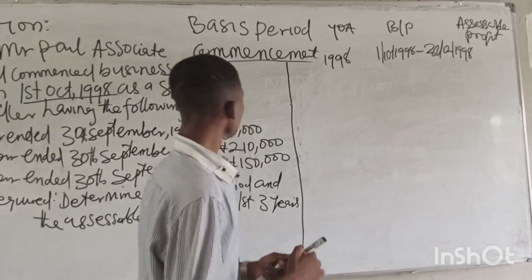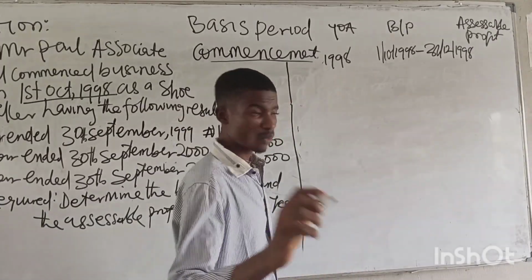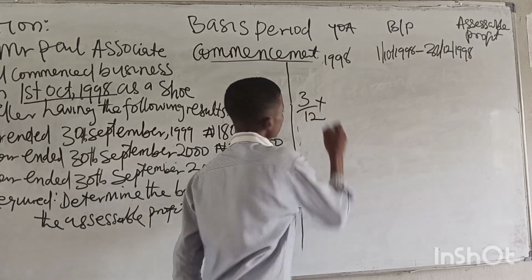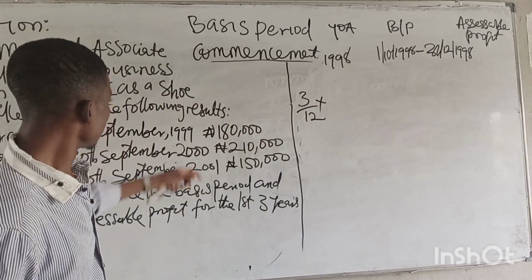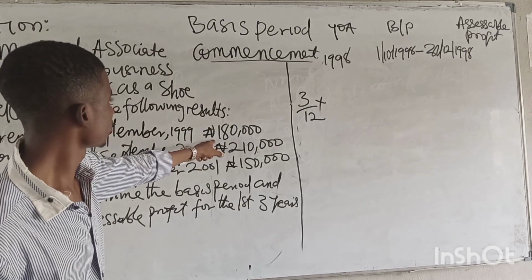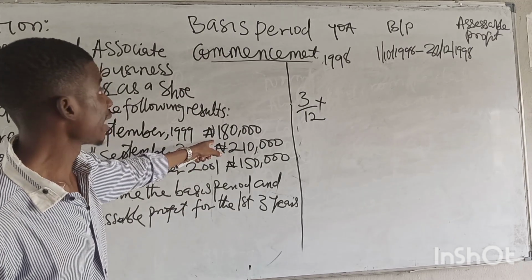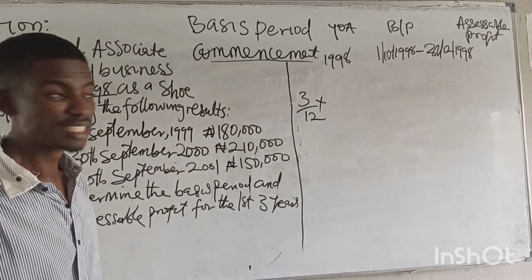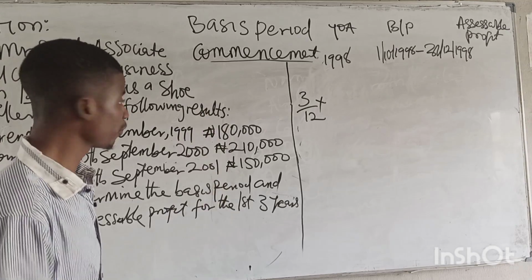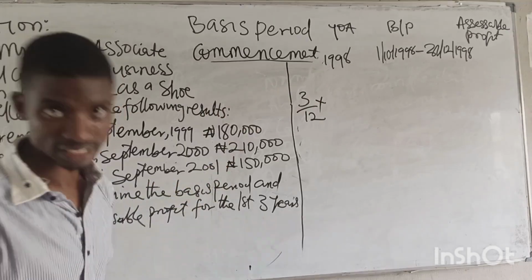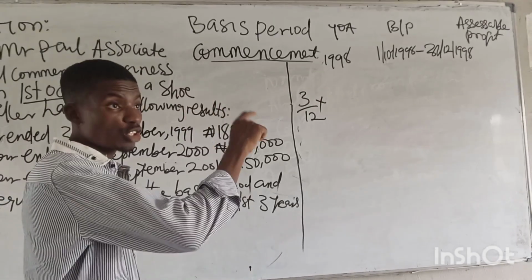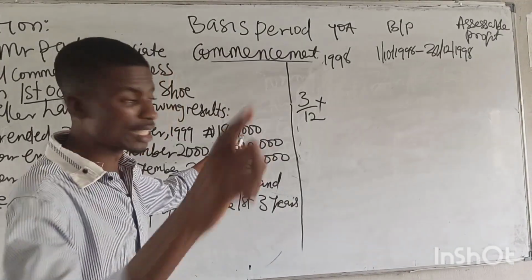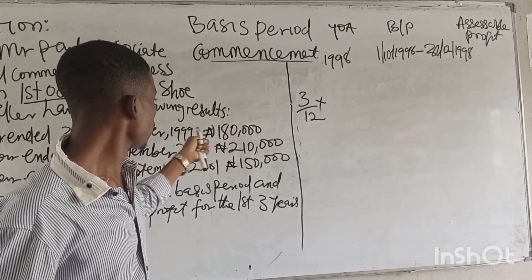Since they did not give us any assessable profit for the 1998 year of assessment, it means that the operating result of 1998 has been included in the following year, which is 1999.